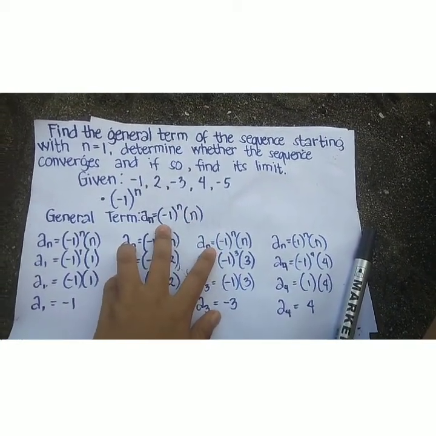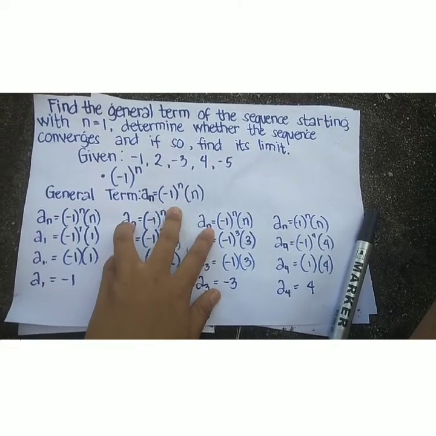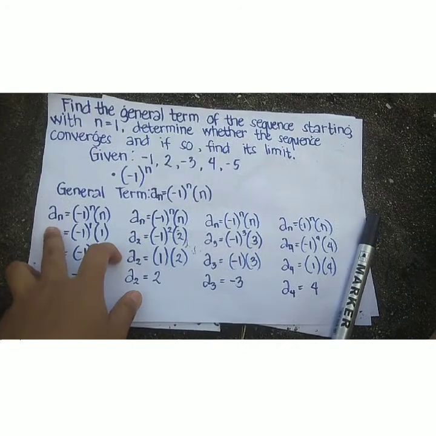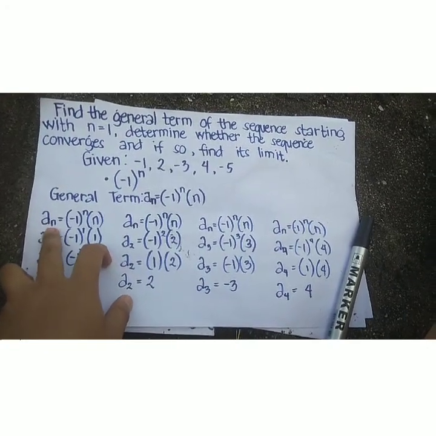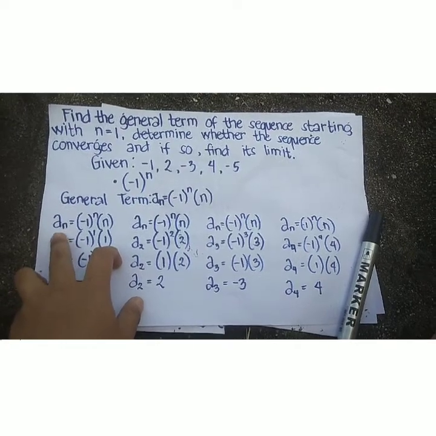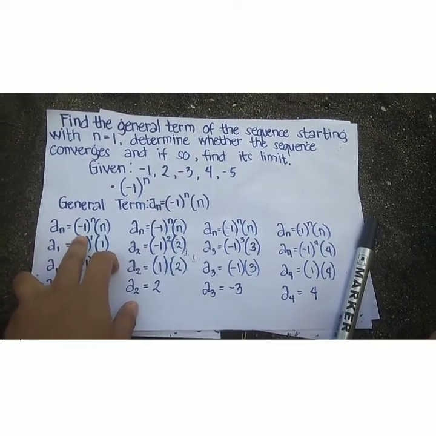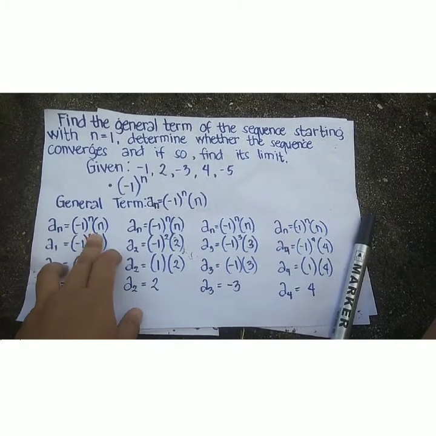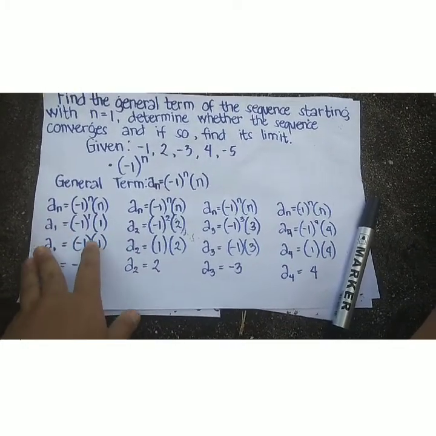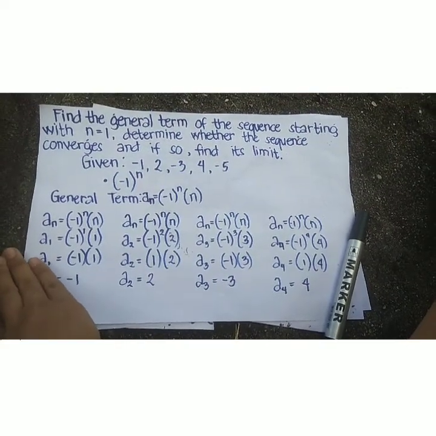So let's see if this general term will work. So we have here our a sub n, where n represents the number of the term. So a sub n is equal to -1 raised to the power of n times n. We'll start with term 1.